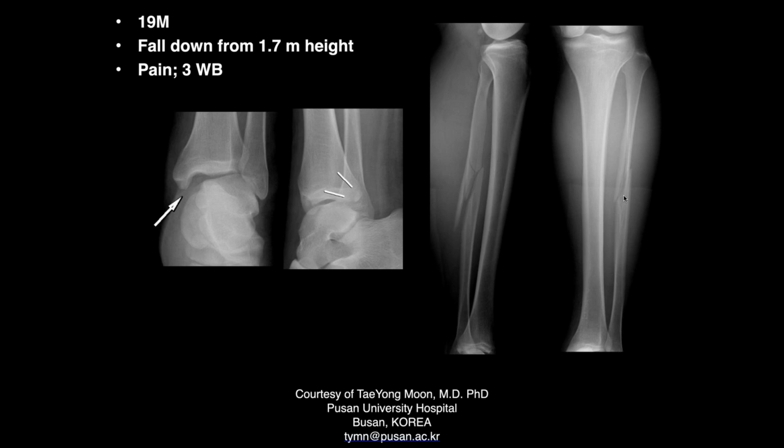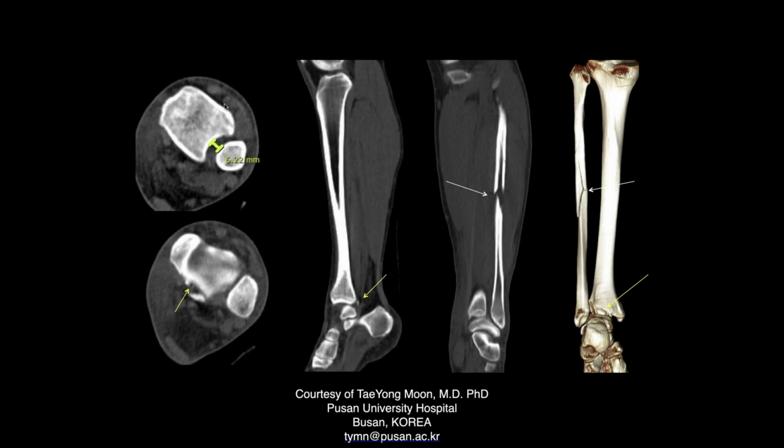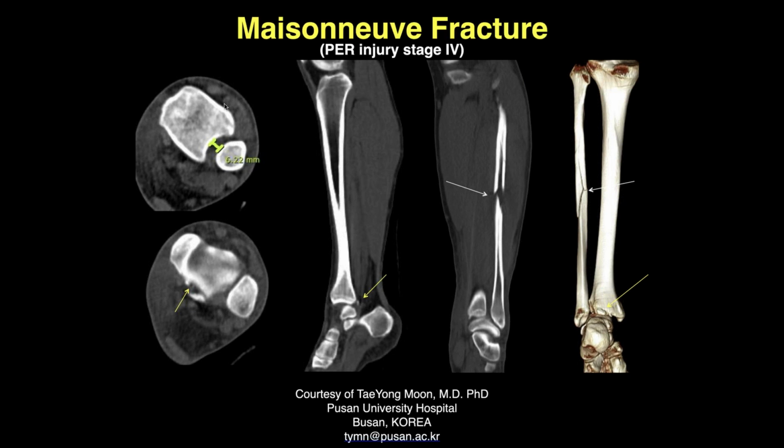And then we can see that there's a comminuted fracture of the mid-fibula. I'm not sure if this is a Maisonneuve fracture. And then here's the MRI showing the edema, surrounding intramuscular edema, and widening of the syndesmotic interval.